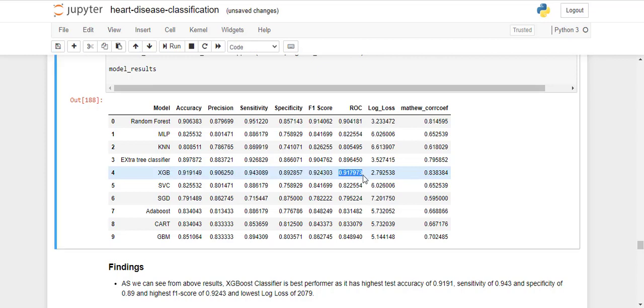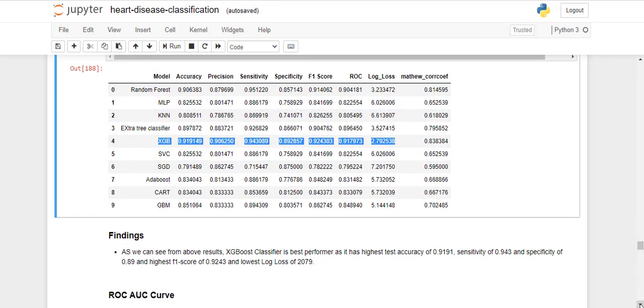And log loss, just compare this log loss with this log loss: it is 2.79 and it is 3.23. So obviously this is the better and more generalized model. Also if you compare the Matthews correlation, it is higher, 0.83 versus 0.81, so it is quite better. XGB is very good in comparison with random forest.